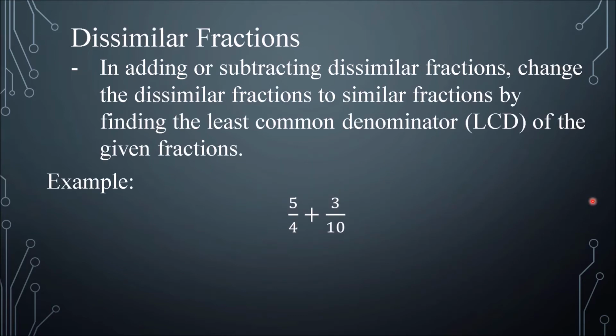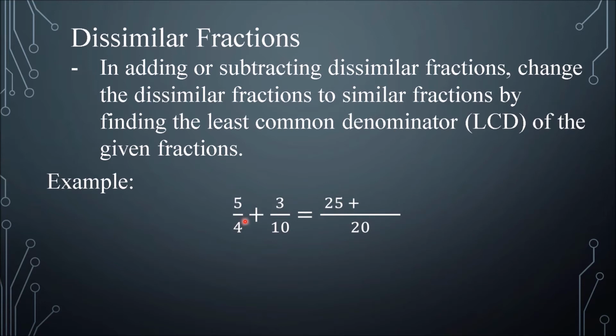Now, going back to the problem, 5/4 plus 3/10. So we already have the LCD, 20. So 20 divided by 4 is equal to 5. And then 5 times 5 is equal to 25.